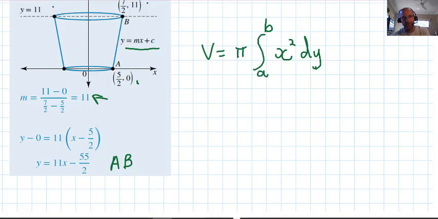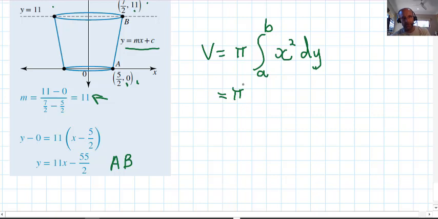So the formula we want is pi times the integral from a to b of x squared dy. Now because it's dy, we could actually put in these limits here, and the y values are 0 and 11. So we're going between 0 and 11 of x squared dy.